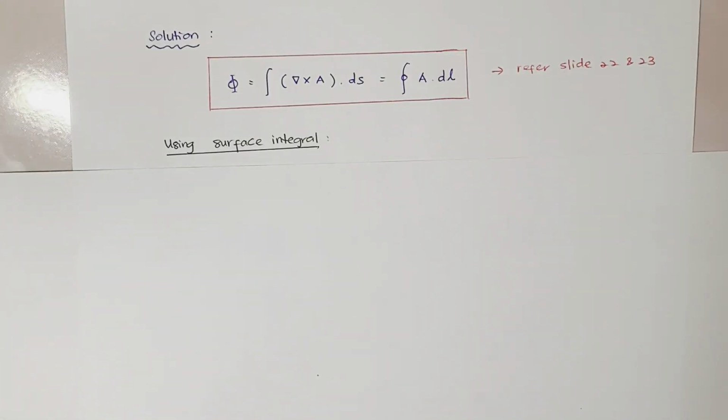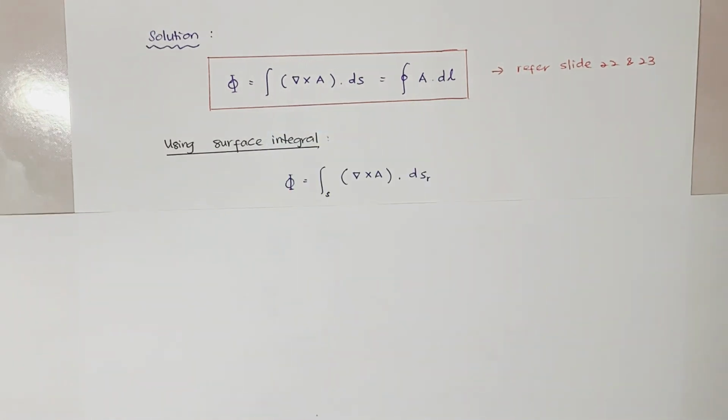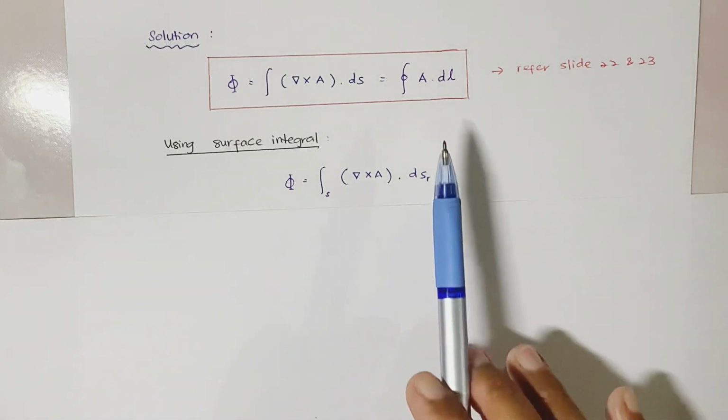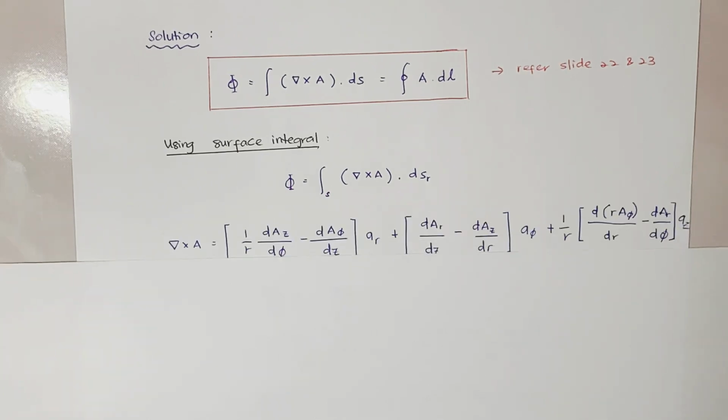So in this question, I prefer using the surface integral. So I will use this surface integral. Maybe later on you can find it using differential length to compare the answer.